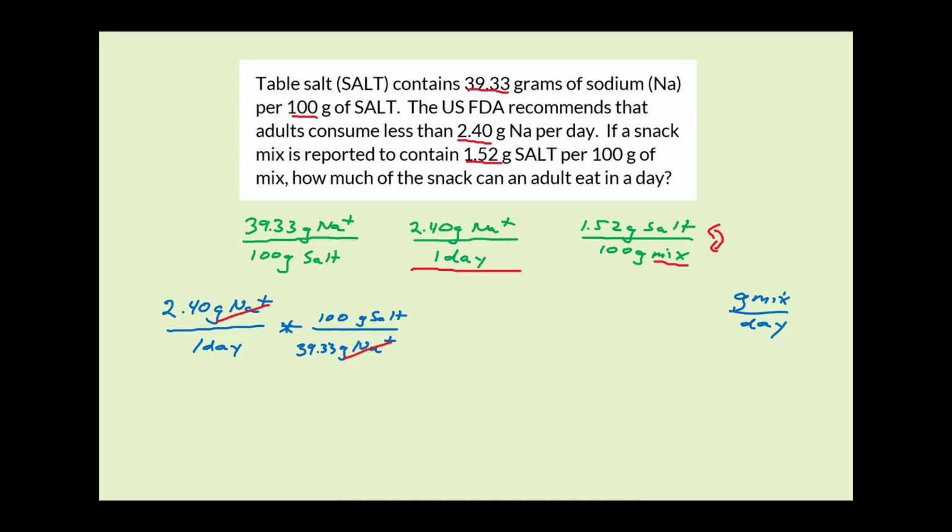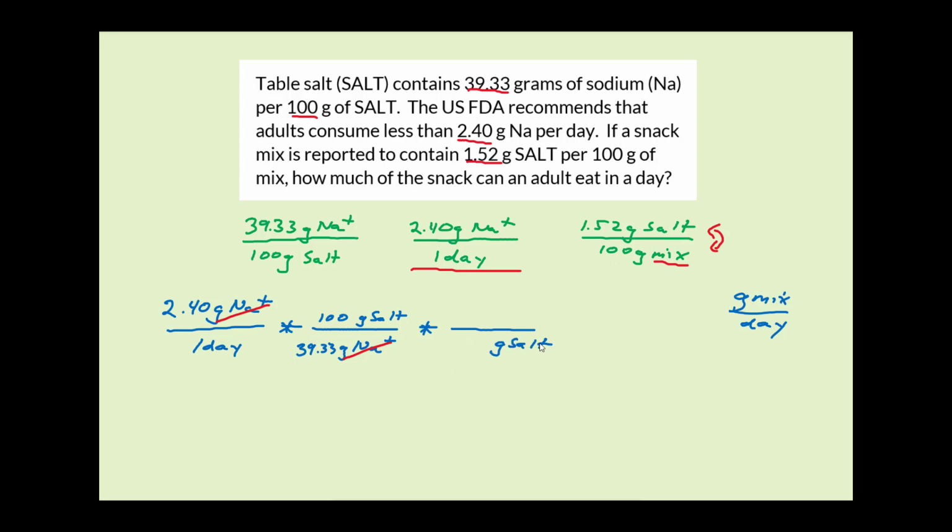Excellent. But the answer that we've got right now would be in grams of salt per day, which is not what we're interested in, although it is perhaps a useful piece of information. Let's keep on going because that's not what the question is asking for. We want to get rid of grams of salt. And we see over here that we've got salt in the denominator.